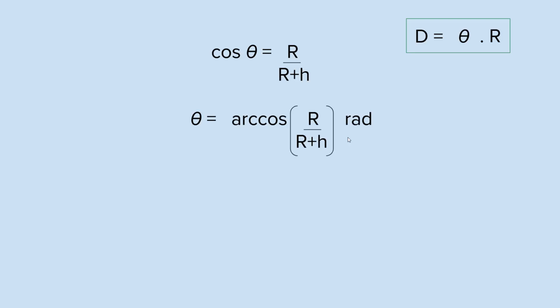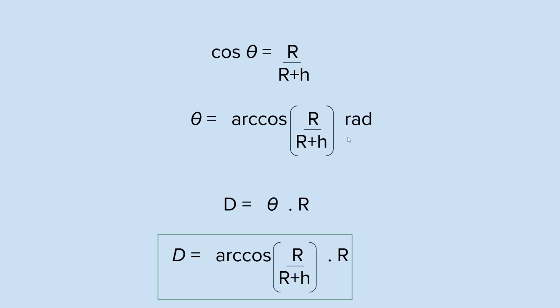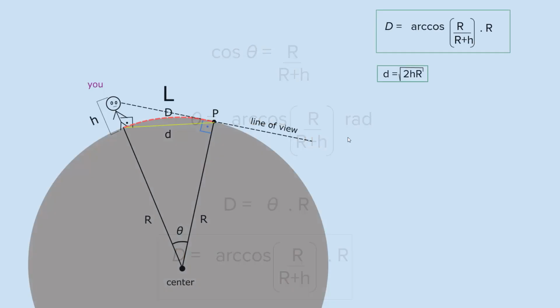And theta, which is what we want, will be the inverse of cosine, or just arccosine of r all over r plus h, in radians. Plugging it into the equation for capital D finally gives us the answer for the real distance between you and point B. Now we're left with two equations, one for the straight line between you and P, and the other for the arc, or the real distance between you and the same point B.